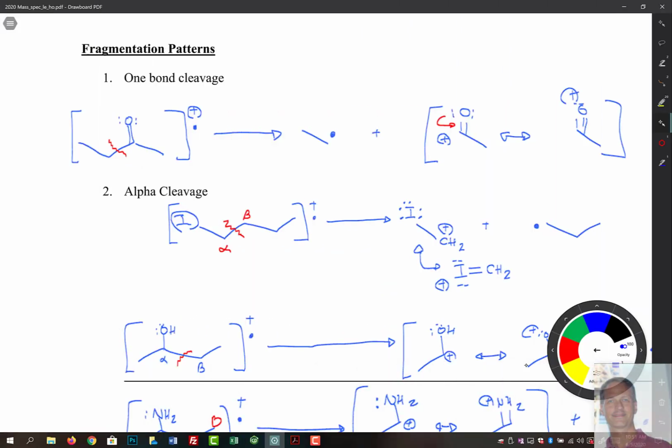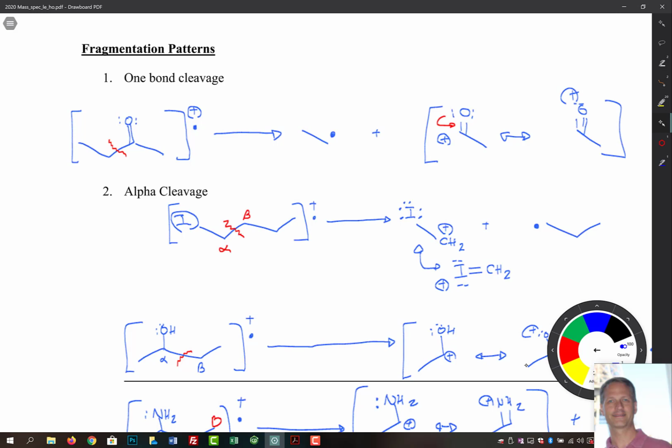So the next few pages here, we have some fragmentation patterns. Now, I'm going to leave these kind of open. As we progress through our Chem 225 lecture, each chapter in our second semester course has a little section on spectroscopy, so it makes more sense to just cover these different types of fragmentation patterns as we are presented with the new functional groups.